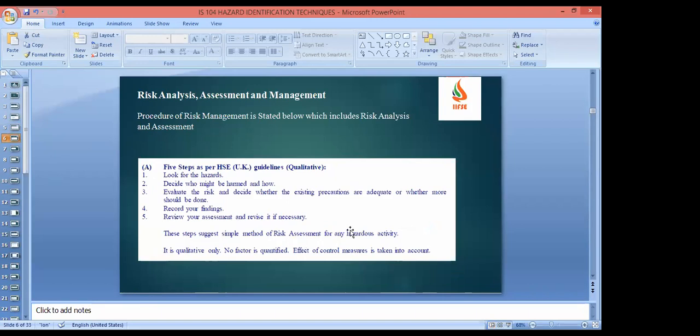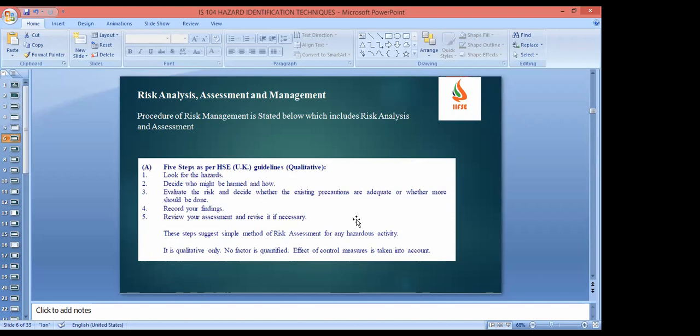How we can do a risk assessment: look for the hazards, and decide who might be harmed and how, evaluate the risk, and decide whether the existing precautions are adequate or whether more should be done, record your findings, and review your assessment and revise if it is necessary.